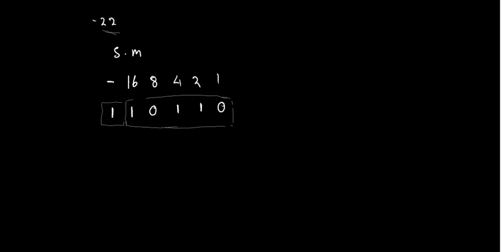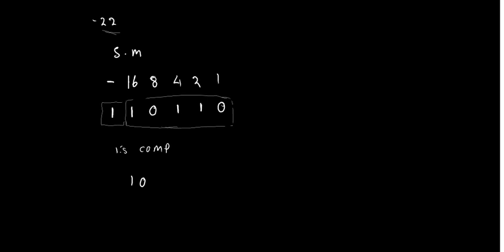Now 1's complement. What is the 1's complement representation of this number? First of all we're going to convert this to binary as well. We're going to say, okay, 1 0 1 1 0.